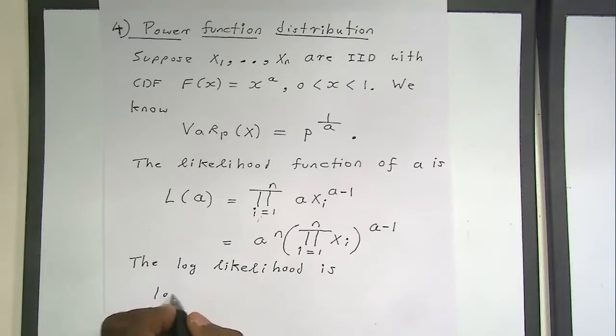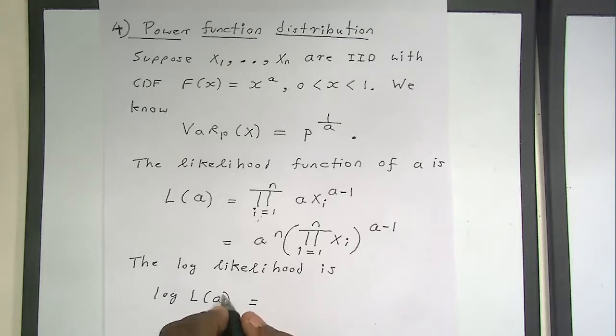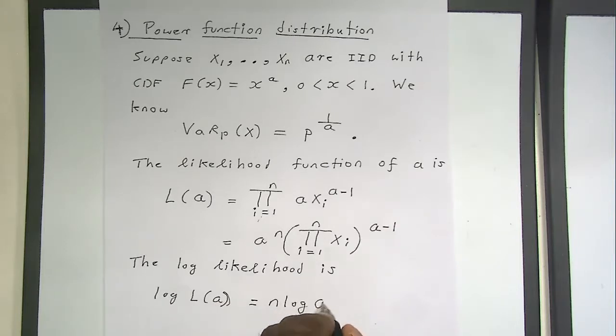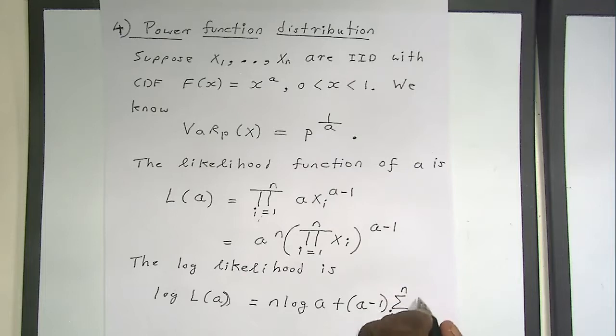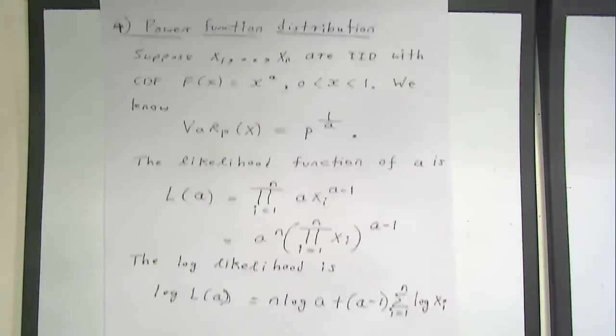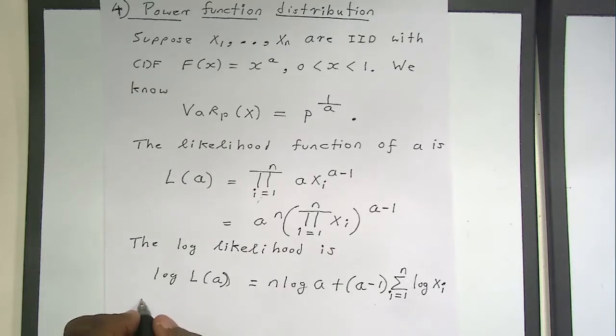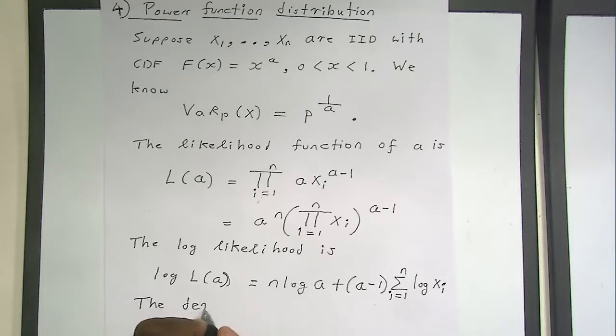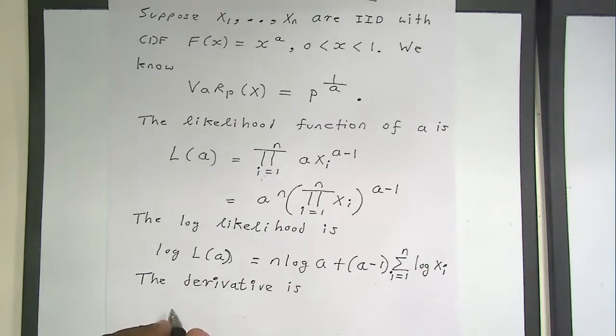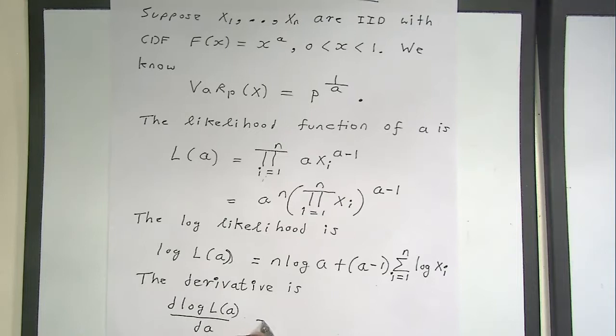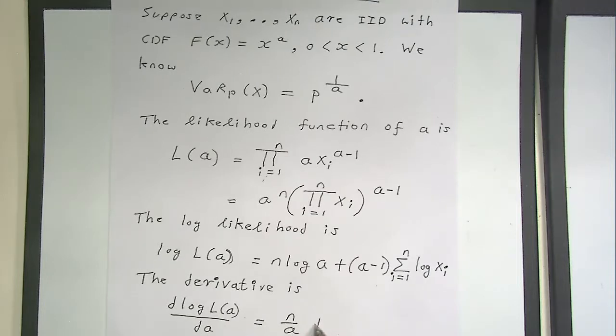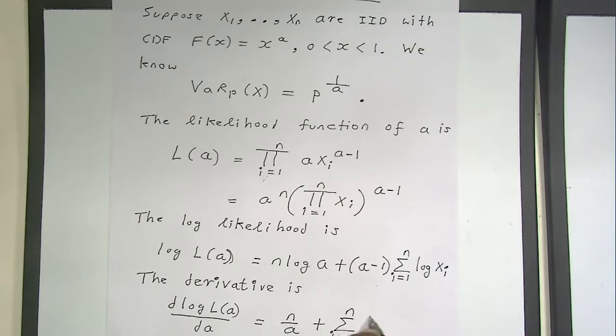The log likelihood is just simply the log of this, which is, okay, and then you take the derivative with respect to A. The derivative with respect to A is this, and then you set this to 0 and solve for A.